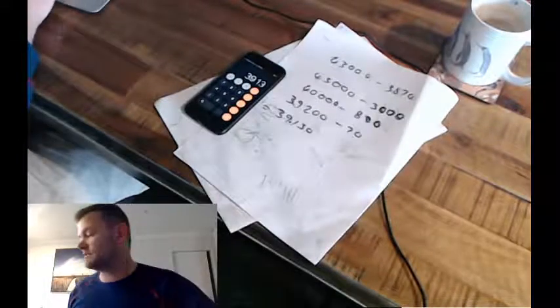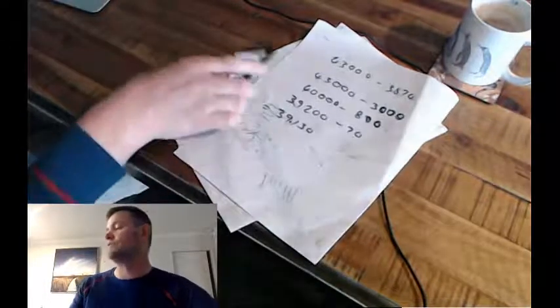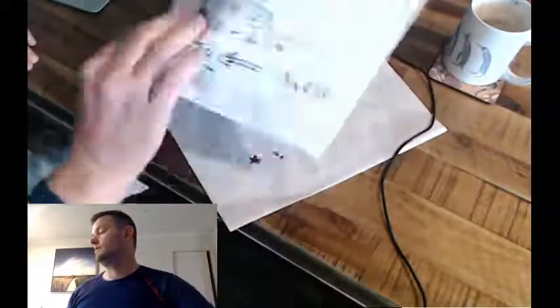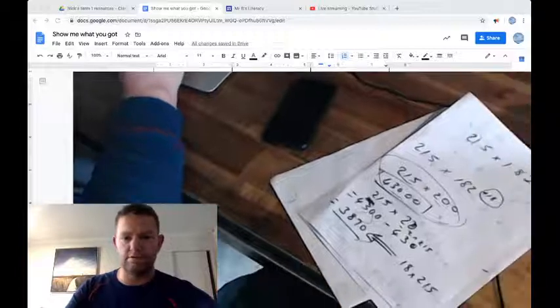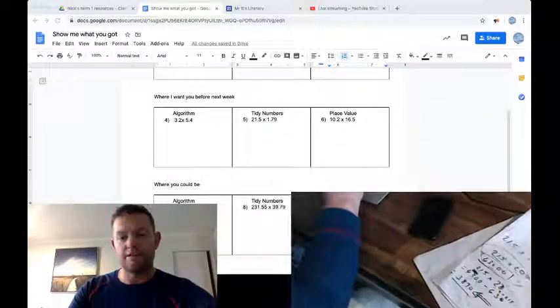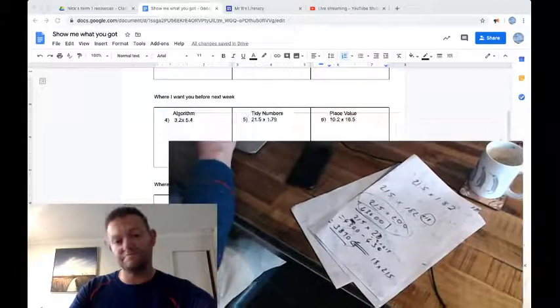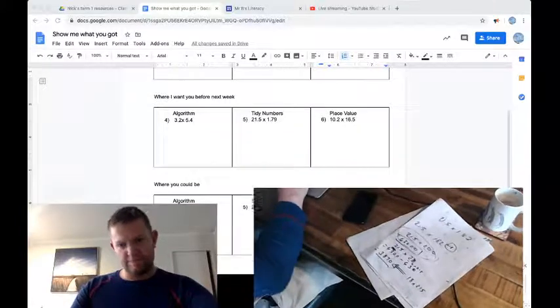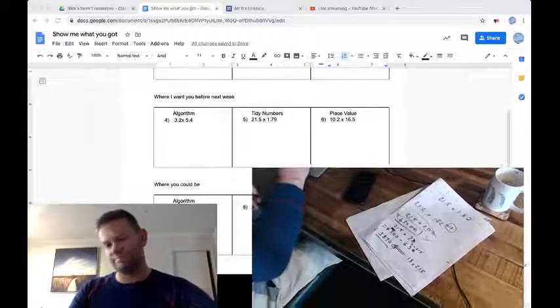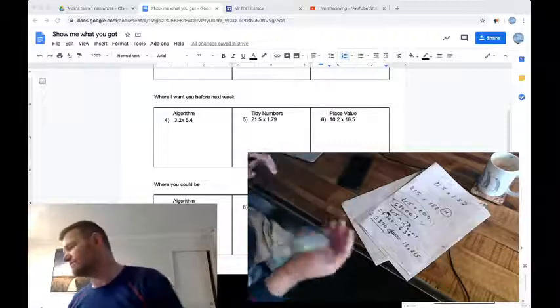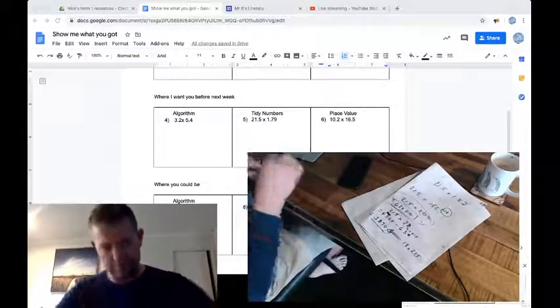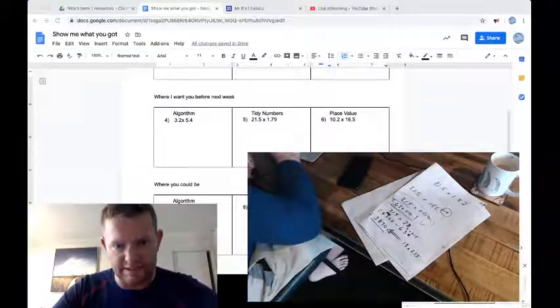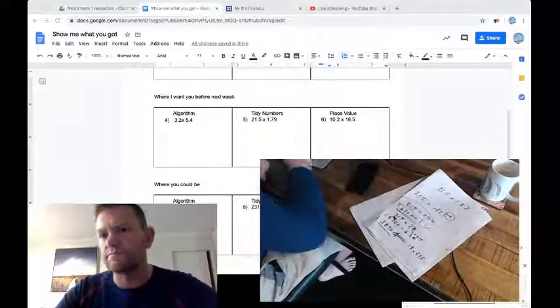So that's one example of tidy numbers. Sometimes when you have to force it, it ends up being a lot of addition and subtraction and moving stuff around. So sometimes people might not find that it is the easiest strategy to use.